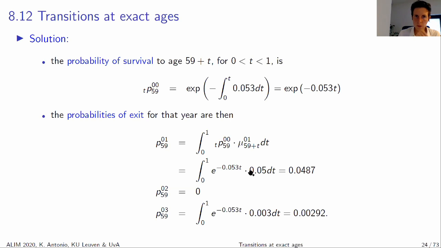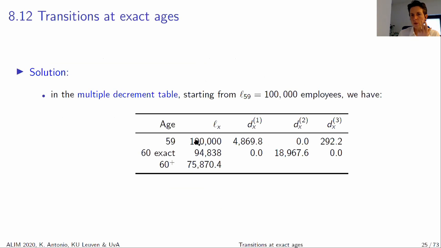So far so good. What I'm going to do now is summarize these probabilities by filling in a first line in a multiple decrement table to make things intuitive and to keep good track of what can happen in this multiple decrement setting. So I start with 100,000 employees at age 59.